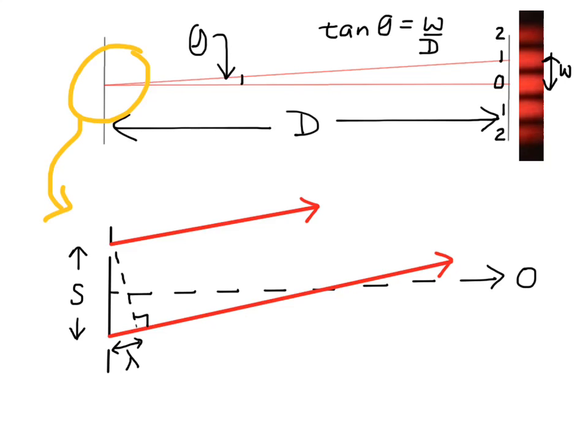Then in order to make a bright fringe over here, the two paths must be in phase. Now they're obviously in phase in the middle here because they've both travelled the same distance to get here.